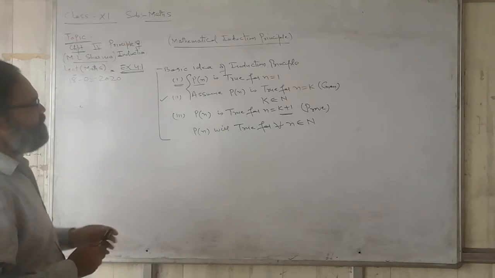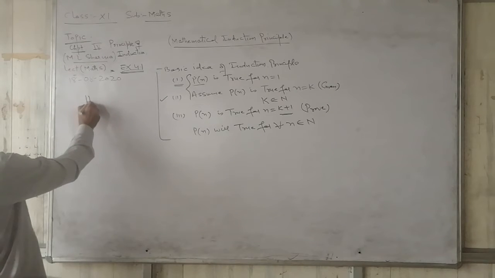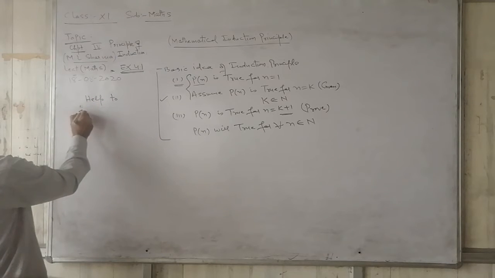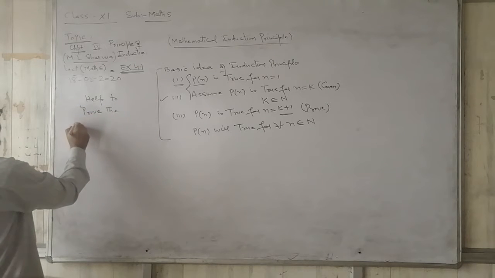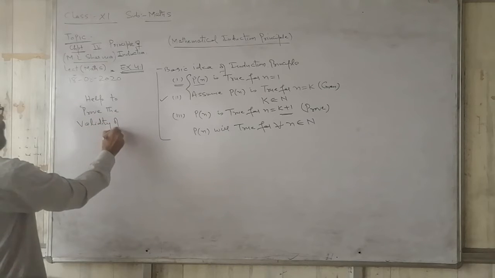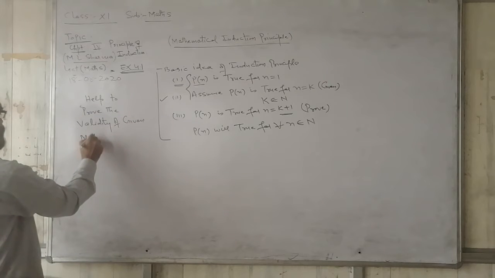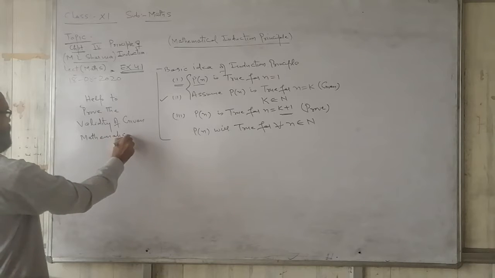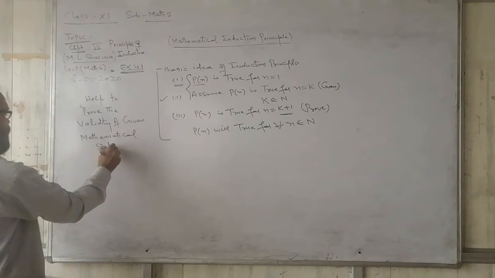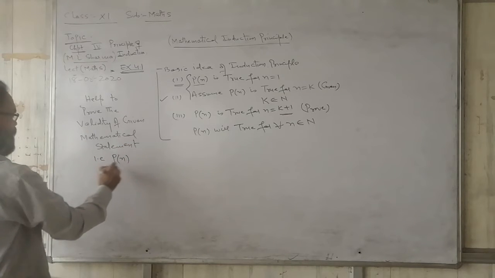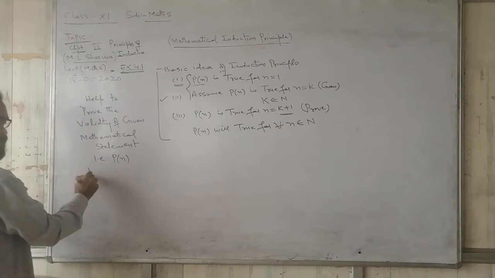So these three steps help us to prove the validity of given mathematical statement, that is the Pn, which is called principal statement.